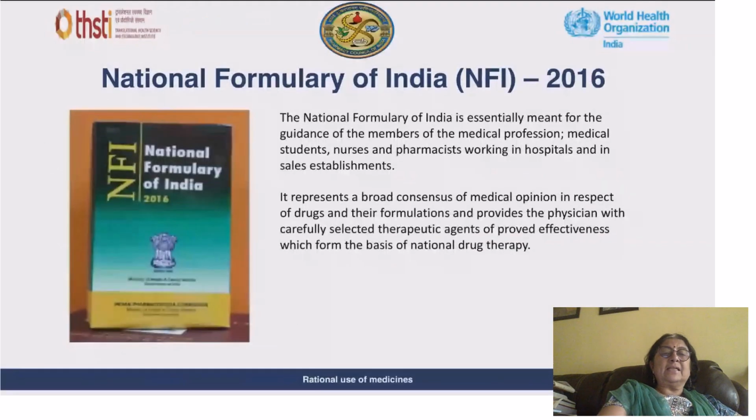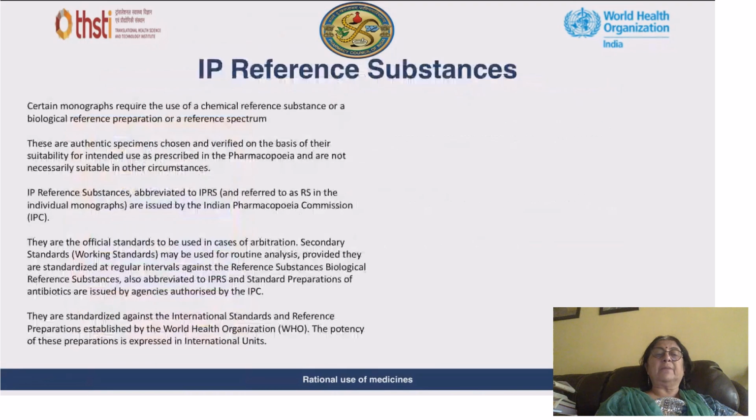Then we come to the next national publication, which is the National Formulary of India, which is essentially meant for the guidance of members of the medical profession, medical students, nurses, and pharmacists working in hospital and in sales establishments, and represents a broad consensus of medical opinion in respect to the drugs and their formulations, and provides the physician with a carefully selected list of therapeutic agents of proved effectiveness, which form the basis of national drug therapy.